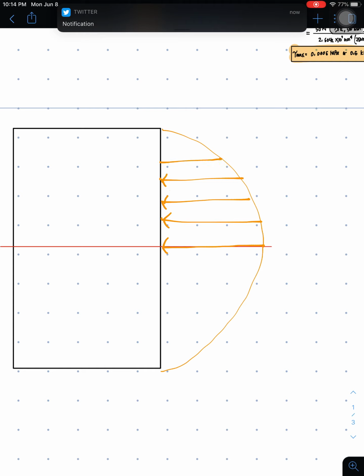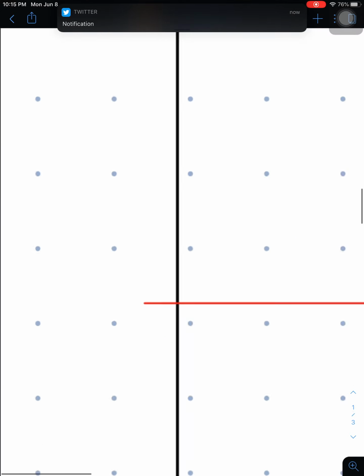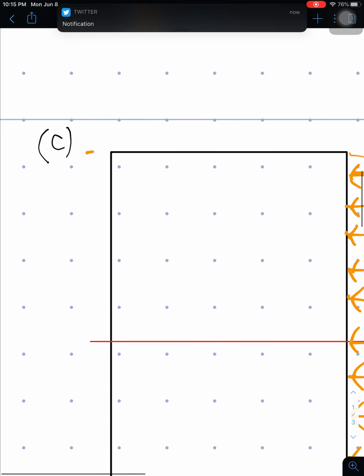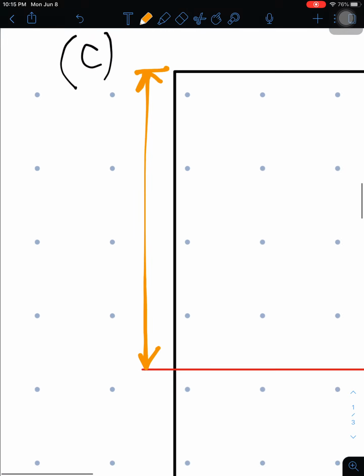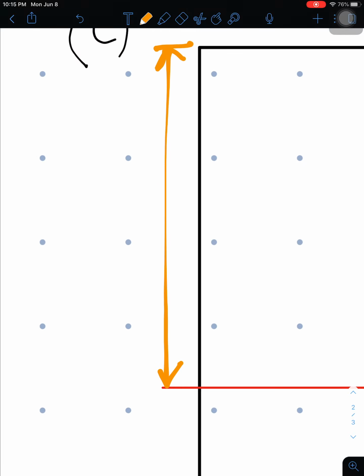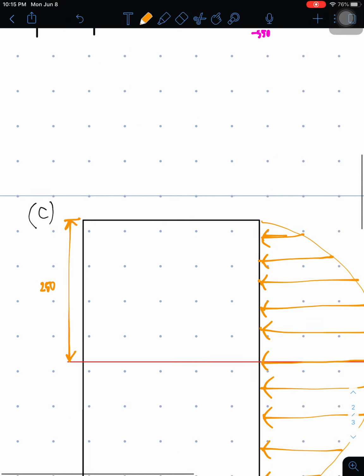But right now, we're tasked to find the shear stress from the top fiber, 40 millimeters. So where is the 40 millimeters? Remember that this height here is equal to 1/2 of 500, which is 250.